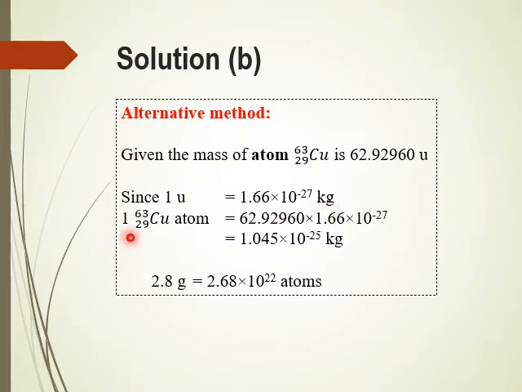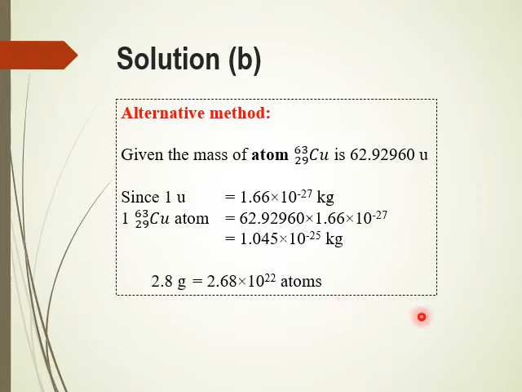Thus, every 1 copper atom is equal to 1.045 times 10 to the power of negative 25 kg. Therefore, 2.8 grams of copper contains 2.68 times 10 to the power of 22 atoms.